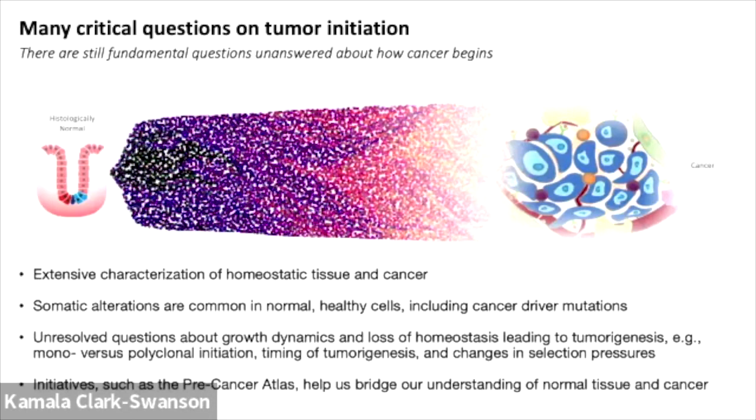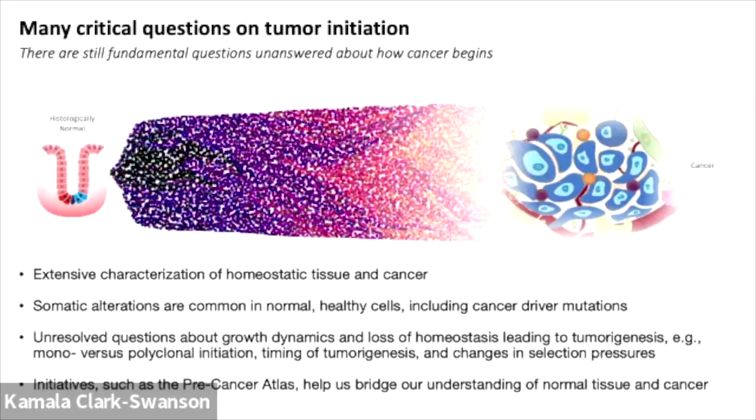This creates a problem, where we don't have a good understanding of how we get from histologically normal tissue with numerous cancer driving mutations to that malignant state. These questions revolve around the growth dynamics and the loss of homeostasis leading to tumorigenesis, whether malignancies emerge from a mono- or polyclonal initiation route, the timing of tumorigenesis, and the changes in selection pressures over time.